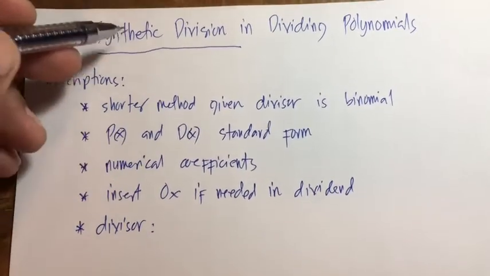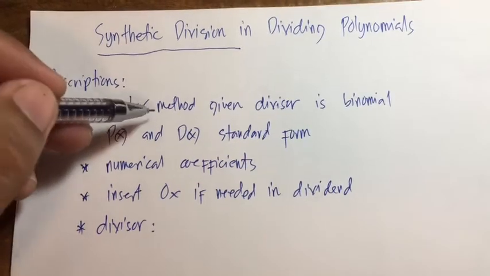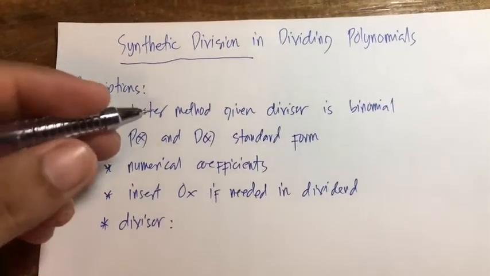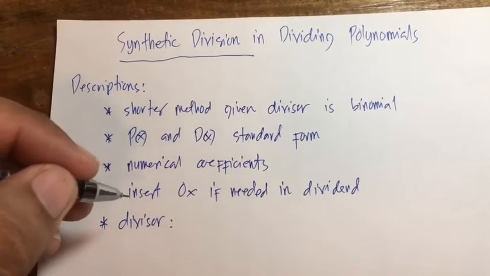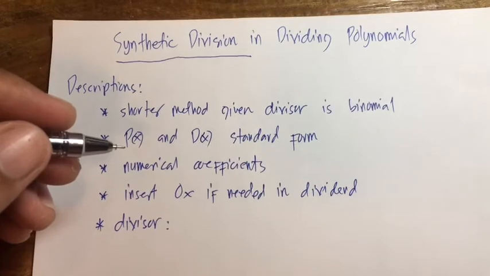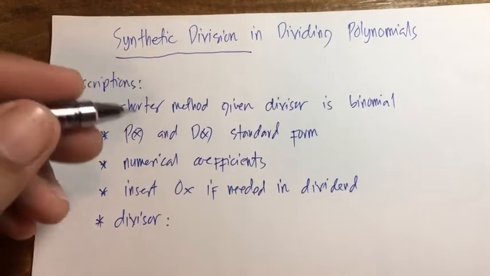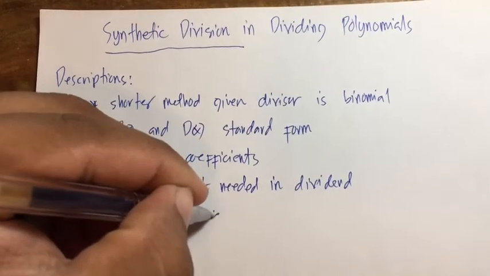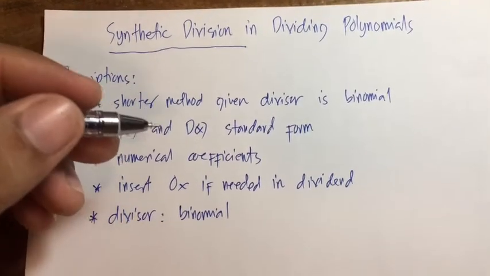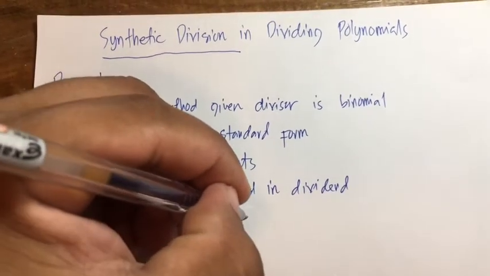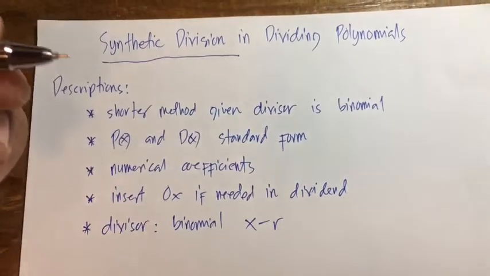Since synthetic division is a shorter method if our divisor is a binomial, our divisor has at least two terms. The binomial should be of the form x minus r.